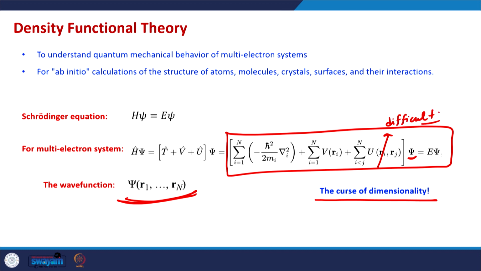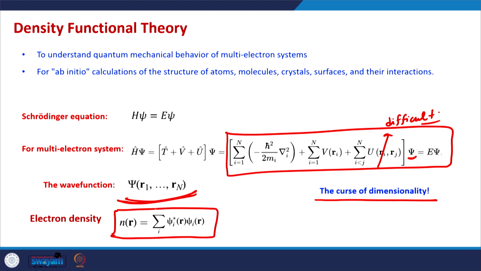So instead of dealing with the wave function, what we deal with is the density of electrons, which is defined in this way. Sum over i from 1 to n, psi i star psi i, summation over all the electrons.